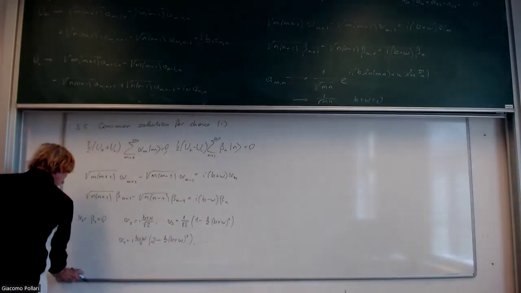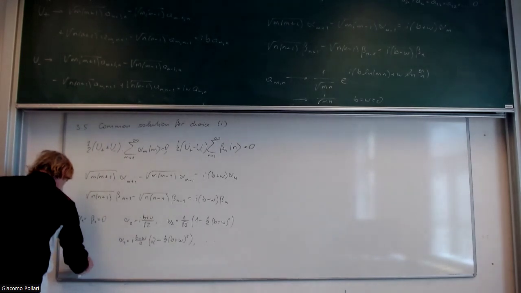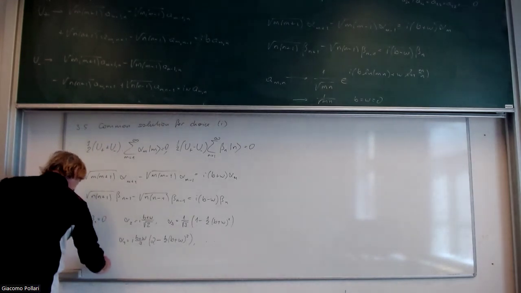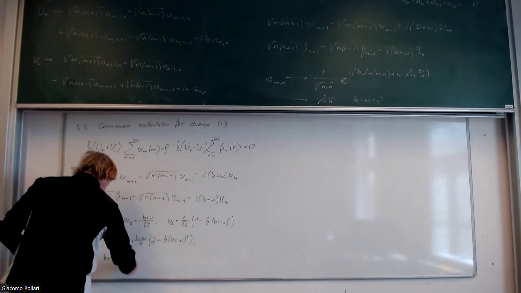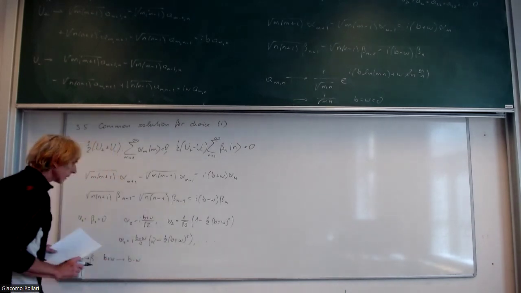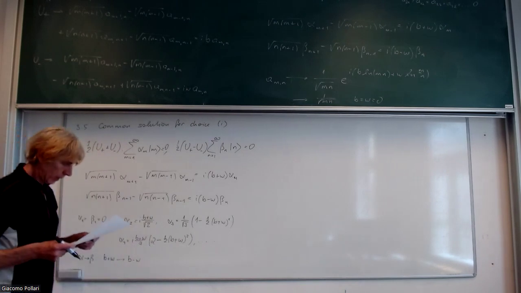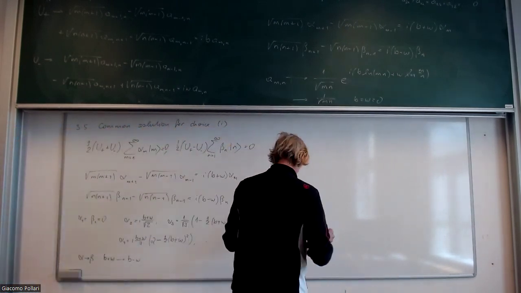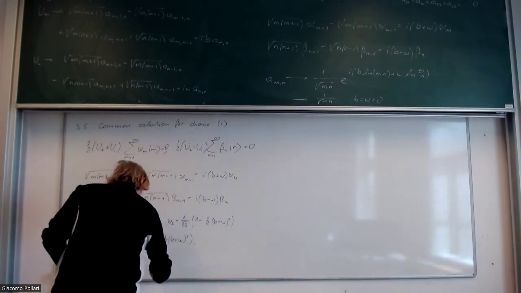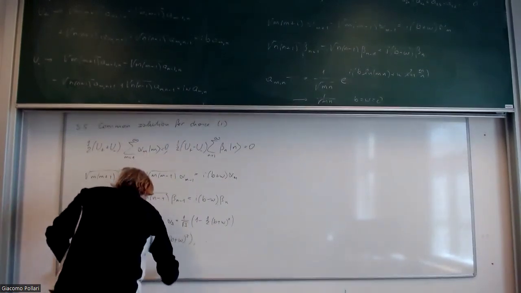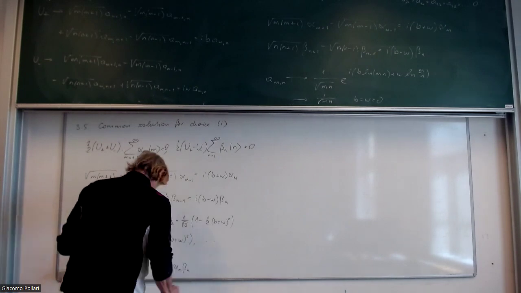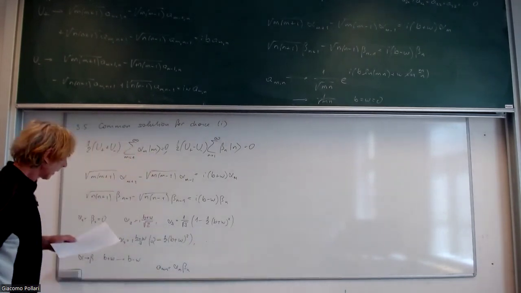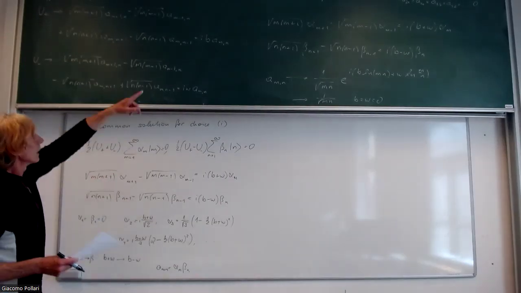And for the betas, when we go from alpha to beta, we have to replace b plus w by b minus w. And the coefficient is alpha_n times beta_n. I don't have a full solution like here.